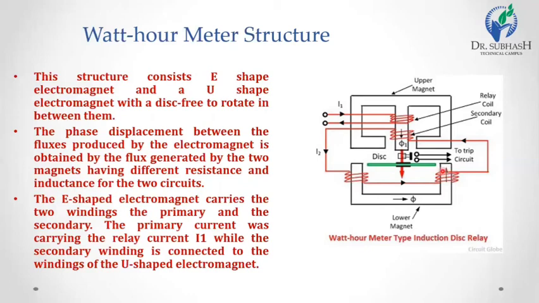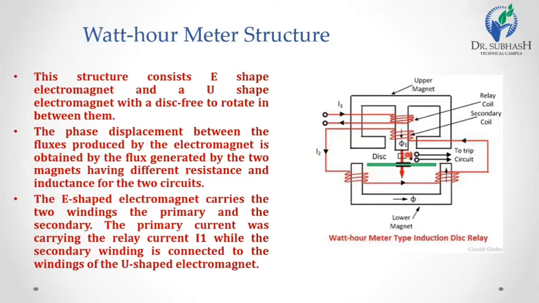After a predetermined value, this structure produces the current I2, which reasonably depends on tripping the circuit. So I1 and I2 both link with these two structures, where the disc will rotate in the forward or reverse direction to close the contact.